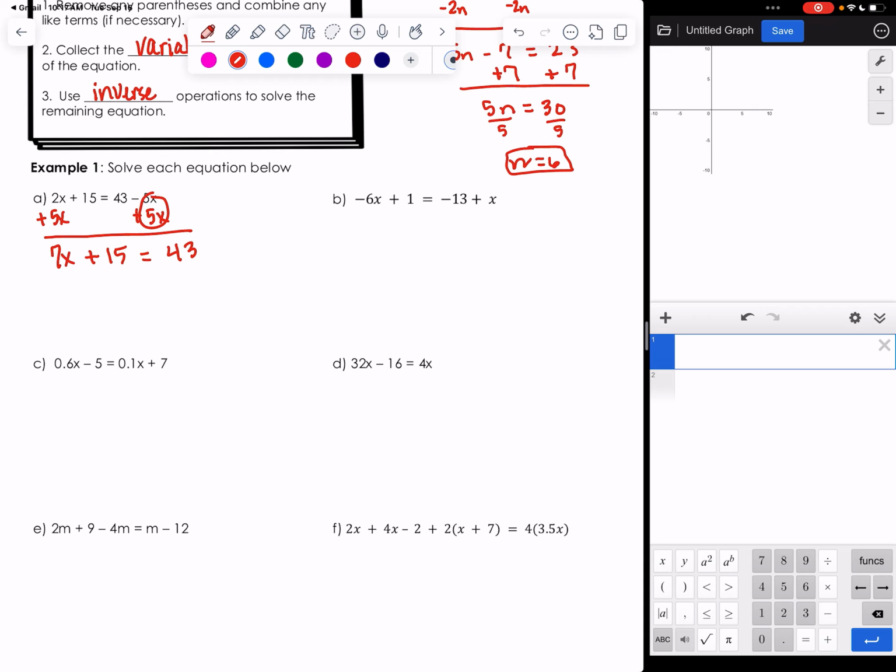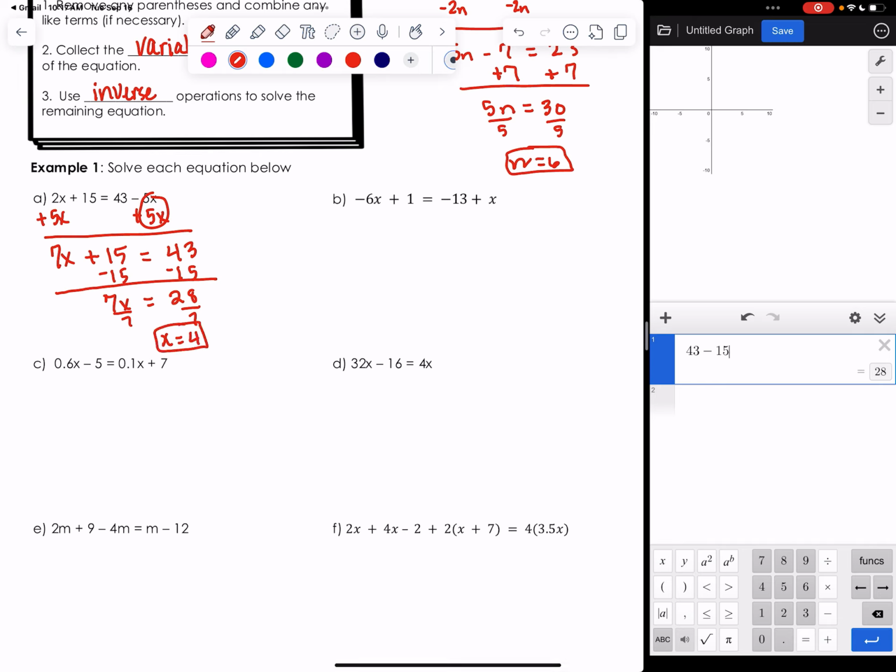So if I do the opposite of that, I would have to subtract 15 from both sides and then divide by 7. So let's try that. We have 7x. All right, 43 minus 15 gives me 28. And then divide by 7. So x is equal to 4.